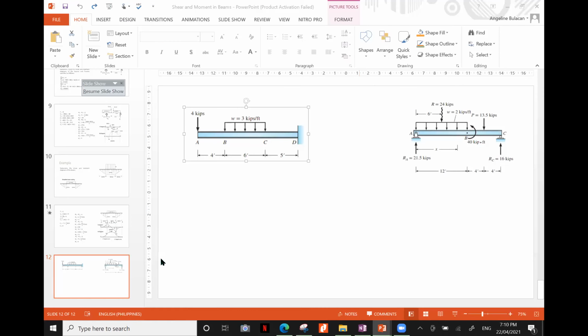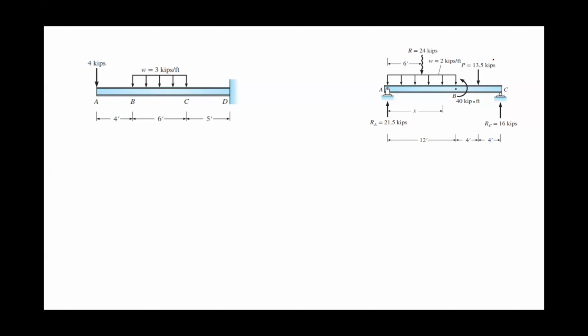Now, for the second figure, kayo naman, try nyo siyang i-drawing kung ano ba yung shear and moment diagram niya. Then, I will just give you the finished shear and moment diagram para ma-check nyo kung tama ba yung gawa nyo or hindi. Okay?